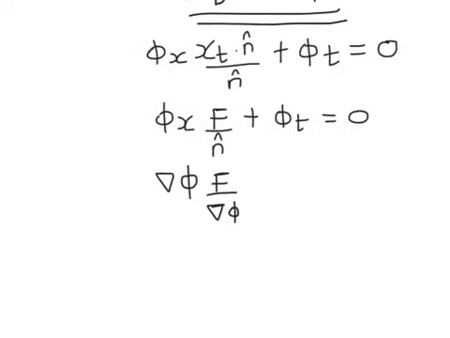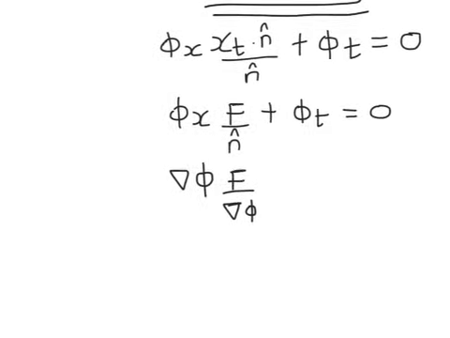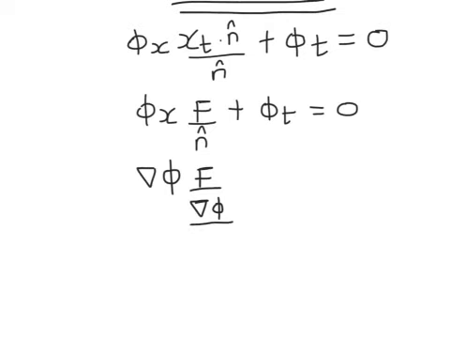We saw in the previous video it's given by del of phi and its magnitude plus phi of t equals 0.